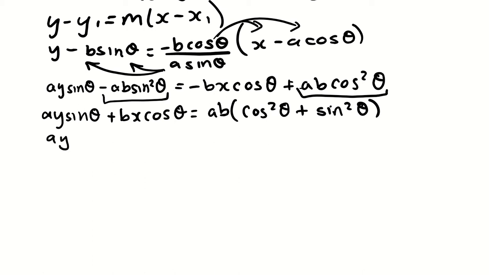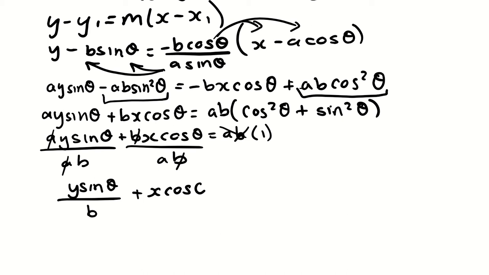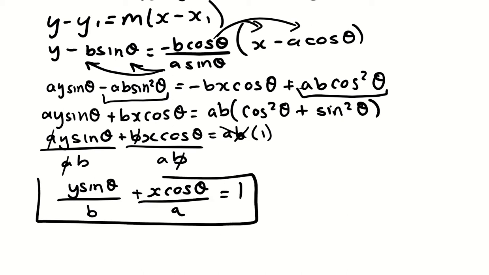Okay, then I'm going to have ay sine theta plus bx cos theta is equal to ab, lots of 1, divide by my ab, and my a will cancel with my a and my b will cancel with my b, so I'm going to end up with y sine theta on b plus x cos theta on a is equal to 1, and that is the equation of the tangent to the ellipse.